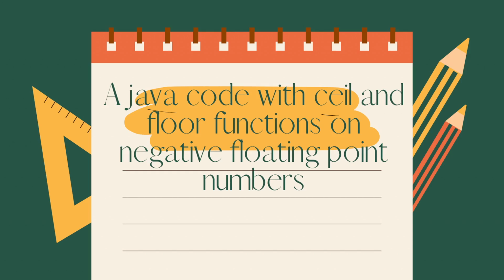I think some negative minus 90.6 or something like that was given, but as the exact question is not known to us, we cannot comment on the answer. Please write it in the comment section if you remember the exact question for the floating point numbers.